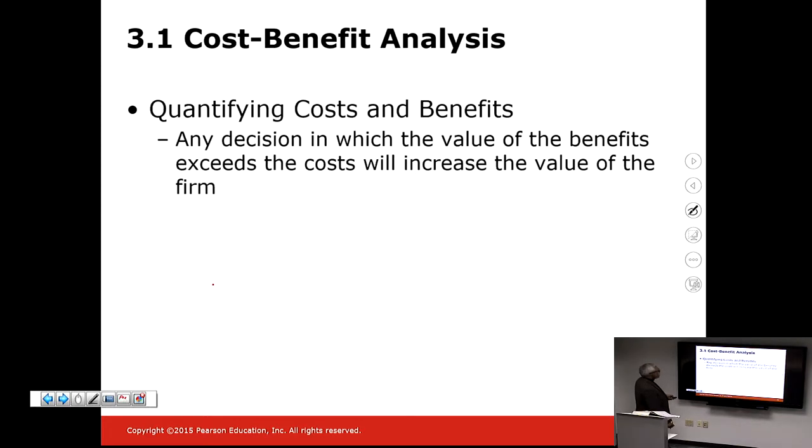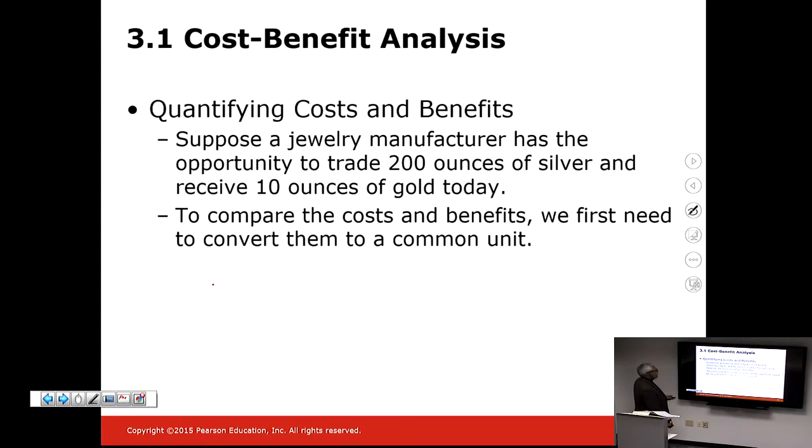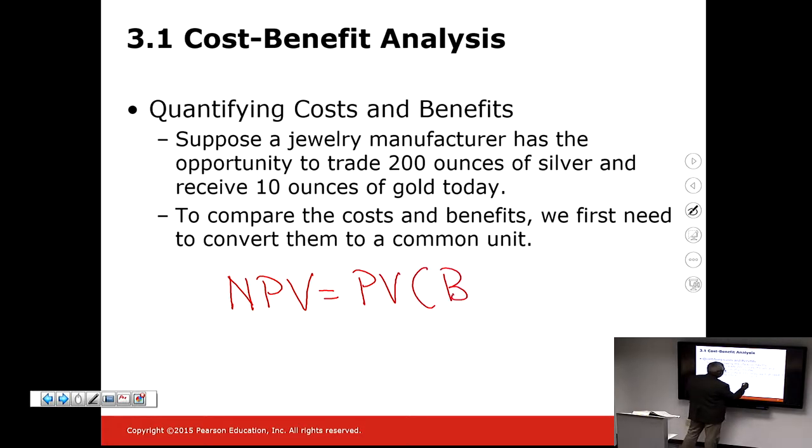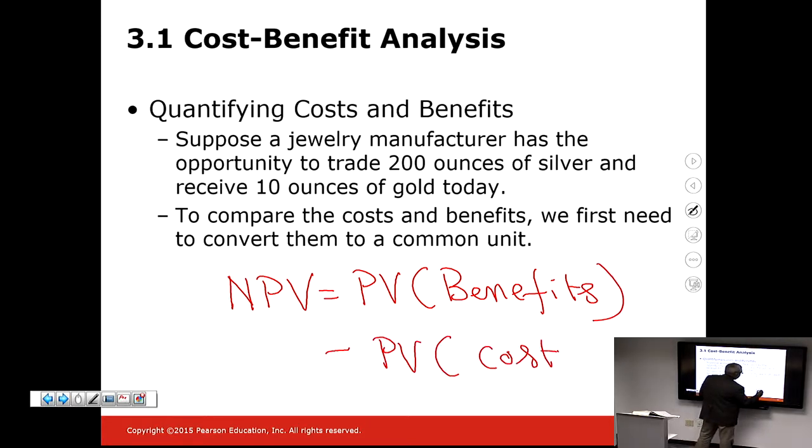In terms of a cost-benefit analysis, it's pretty straightforward. We are going to look at costs, and we are going to look at benefits, and we are going to say that the net present value from any economic activity would be the present value of all the benefits minus the present value of all costs.